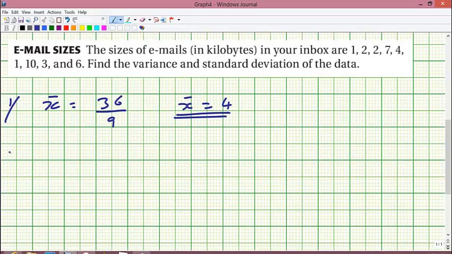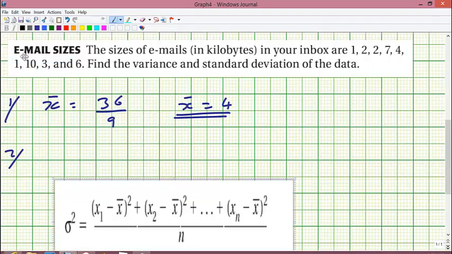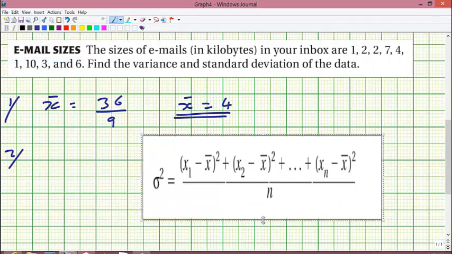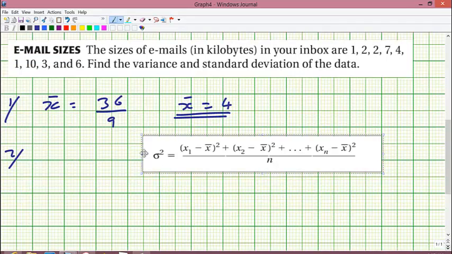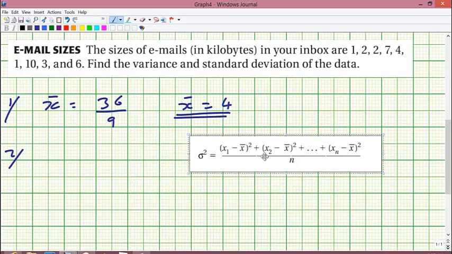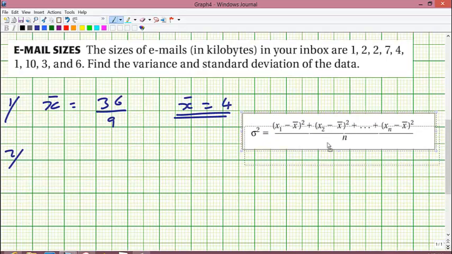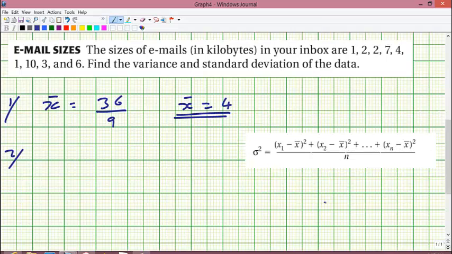The second calculation, we need to find the variance. So let's remind ourselves about the variance formula, which is here. I'm just going to shrink it down a little bit. Okay, so variance, sigma squared, is the difference between each data point and the mean squared. So let's have a look at that.